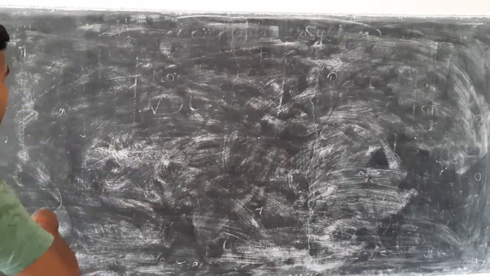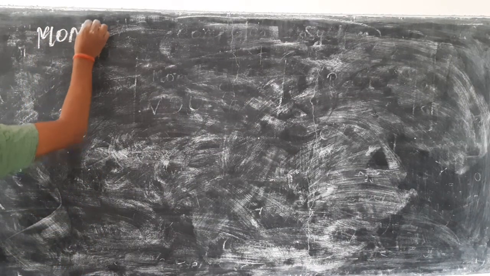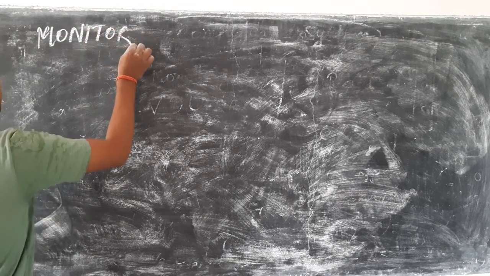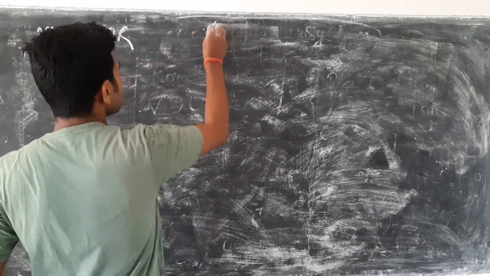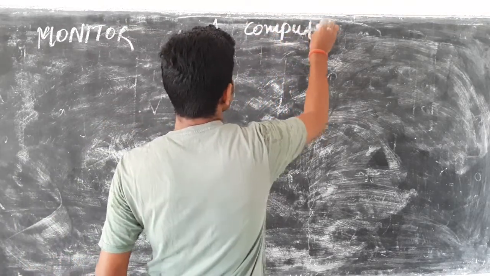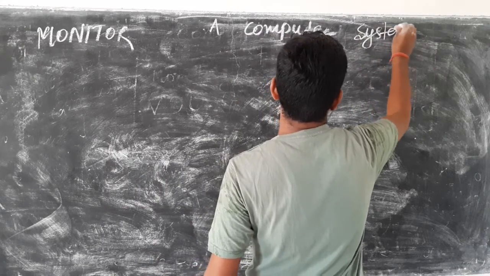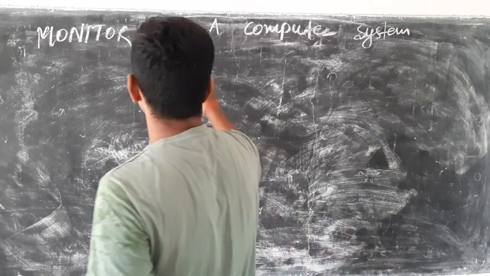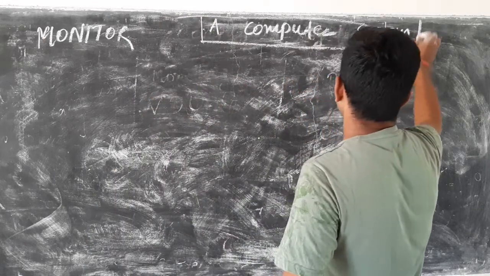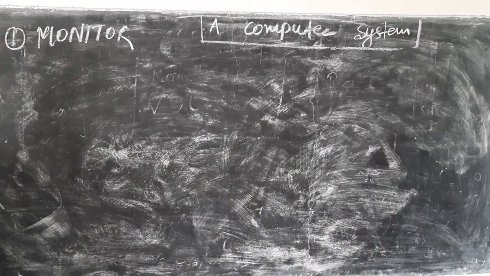We have to learn about the monitor. Now we are discussing a computer system. This is related to your first lesson, first edition. So we have to learn about this one, monitor.